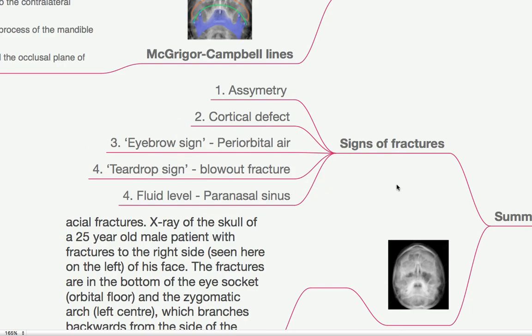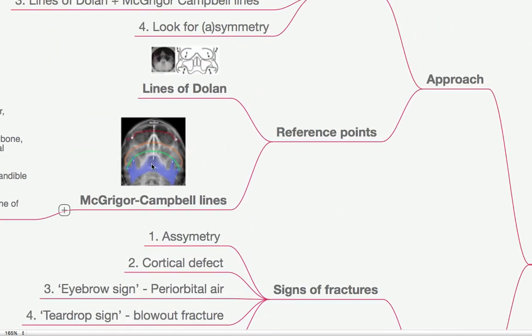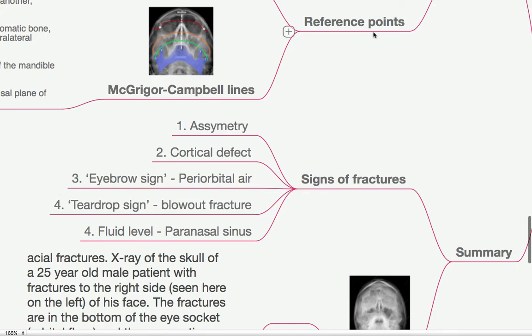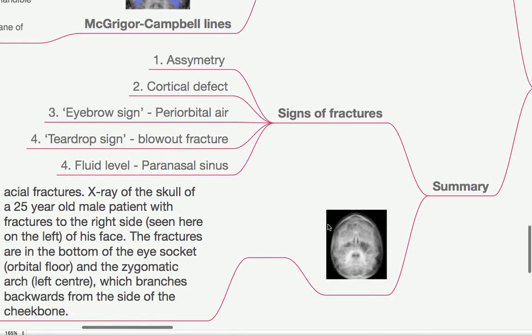Teardrop sign may indicate a blowout fracture. 5. Any fluid level within any of the paranasal sinuses may also be indicative of a traumatic injury or a fracture. And then just to remember, your lines of Dolan and your McGregor lines are the reference points that you can use to discern many of these signs that you can see.